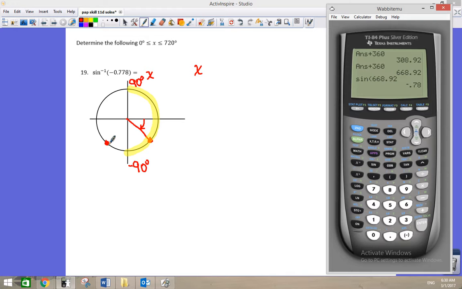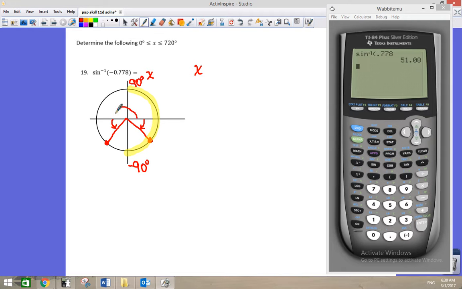So now to get to this point, let's come back and use our reference angle. If I take the inverse sine of positive 0.778, then that's this reference angle, and that's this angle right here.